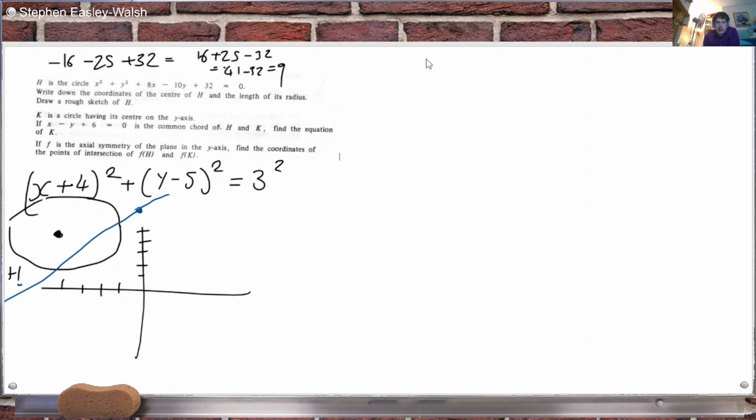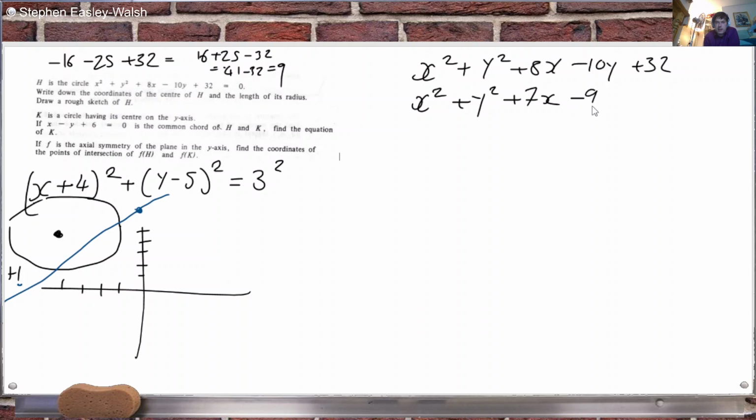So we'll just say the other circle, we'll have x squared plus y squared plus 8x minus 10y plus 32, and then the second circle would have to be x squared plus y squared, and when I subtract it to make the common chord, I'm supposed to have x left, so that'll be 7x, and I'll have to have a minus 9 here, because minus 10 minus minus 9 is minus 1, and then I'll have to have a plus 26.